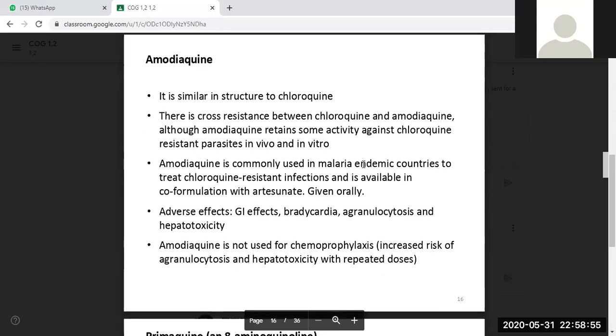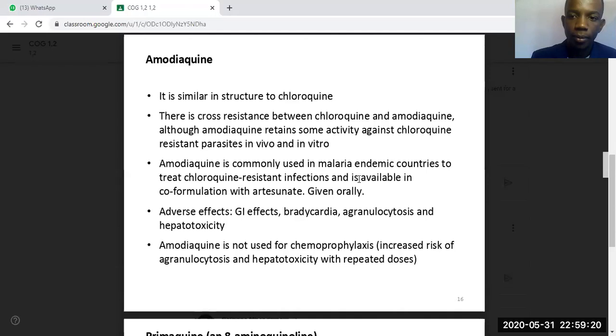Amodiaquine is a drug that is similar in structure to chloroquine. There is cross-resistance between chloroquine and amodiaquine. Cross-resistance, like we had discussed earlier on, means that when you start administering chloroquine and the parasite develops resistance to chloroquine, when you give amodiaquine there's a high chance that the parasite is also resistant to amodiaquine.